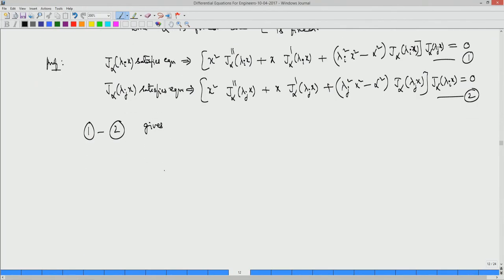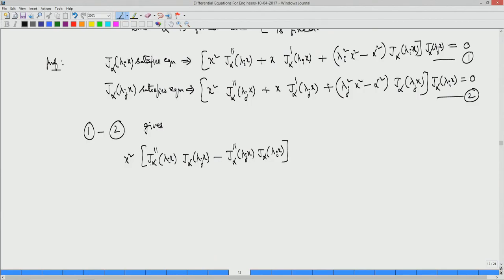What happens in 1 minus 2? Simply x square j alpha double dash of lambda i x j alpha of lambda j x minus j alpha dash of lambda j x j alpha of lambda i x.